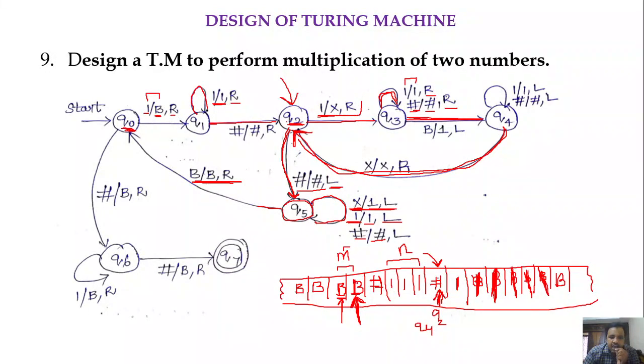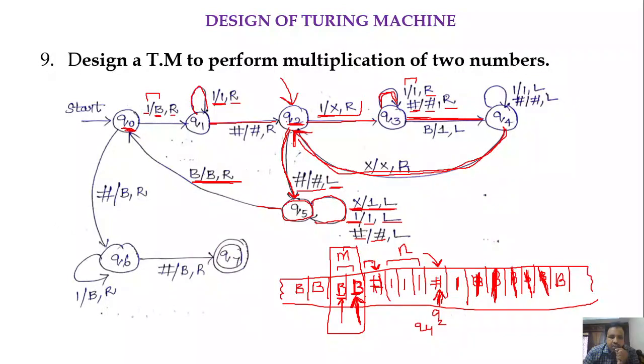After getting a blank, if you move the head towards right in q naught, we will get a hash. Whenever we get a hash in q naught, it indicates that the input processing has been done. It indicates that we have completed the process of copying the n pattern m number of times.